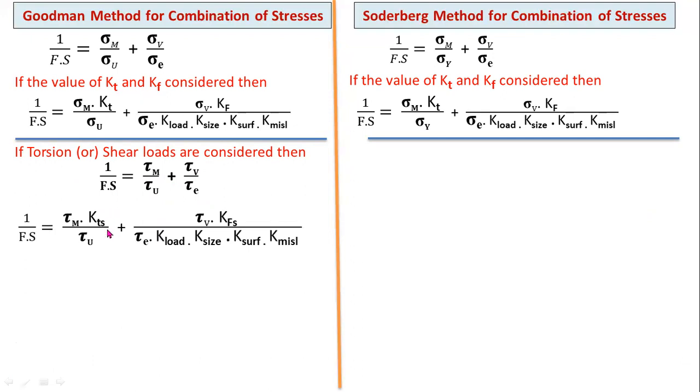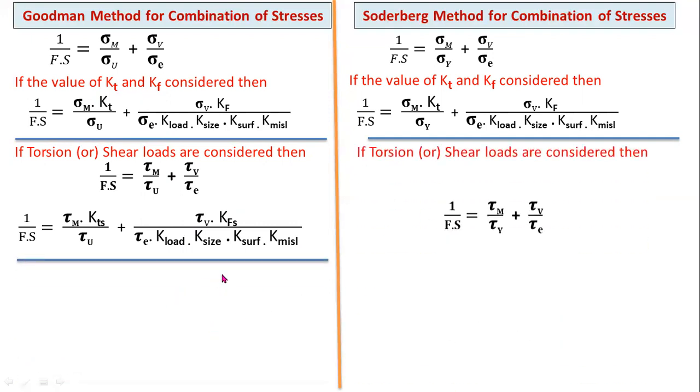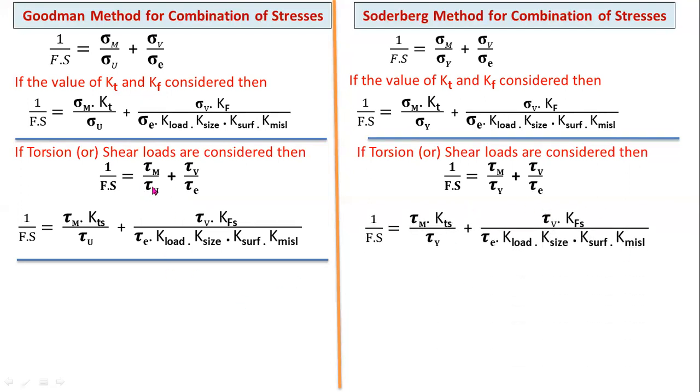And if you are considering the values of Kt and Kf, then the equation is the same as previous, just replacing sigma with tau. Here the load factors, size factors, surface finish factors, and miscellaneous factors are the same. For the Soderberg method, just replace the value of tau u in this equation, and the remaining equation is the same.